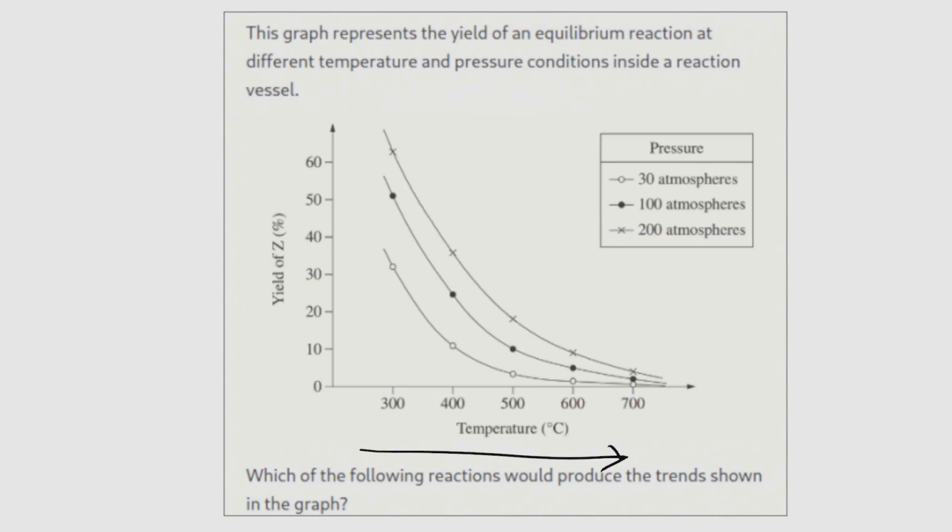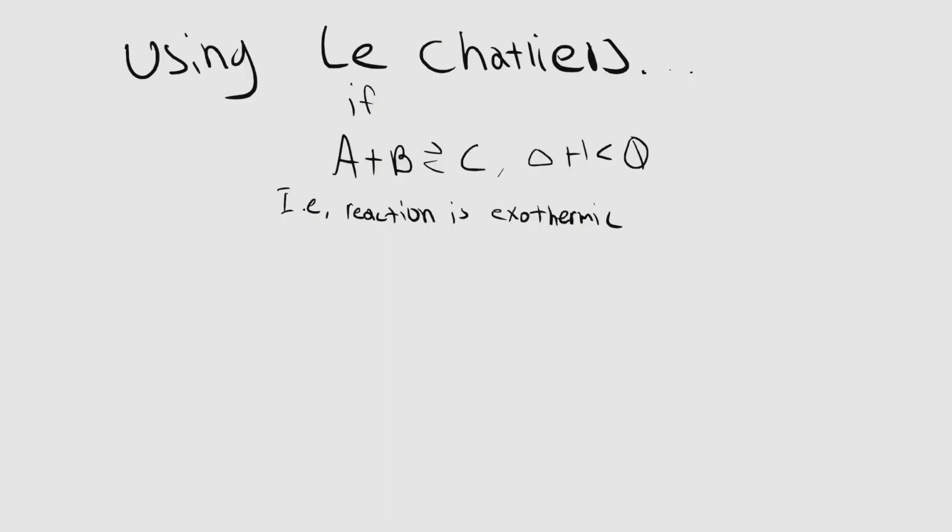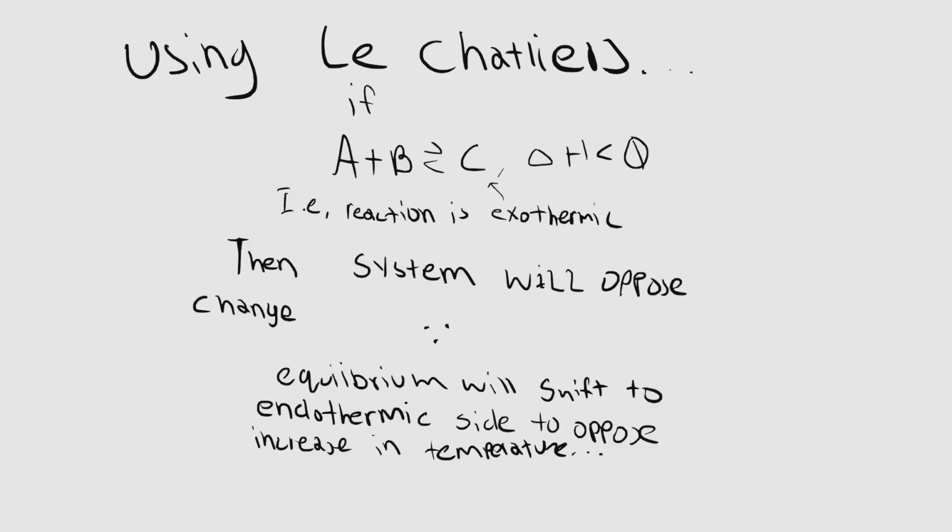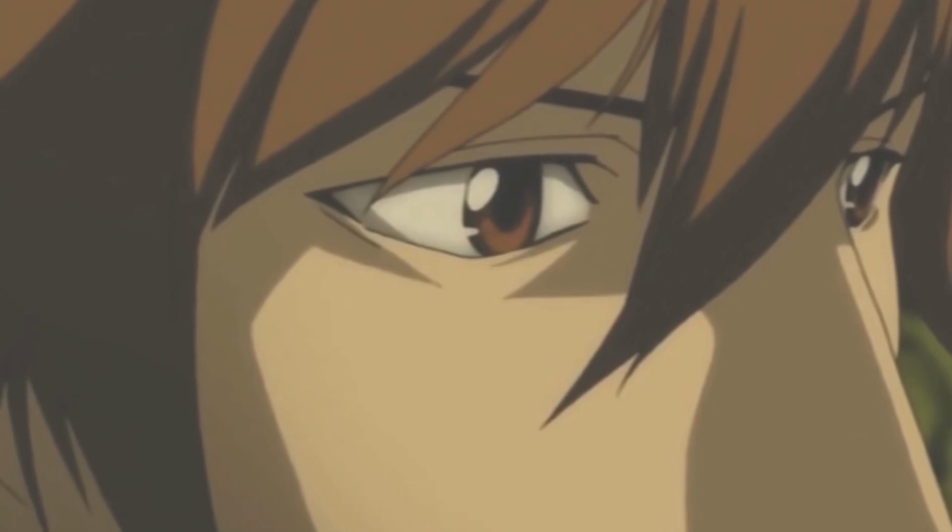Well, as we go to the right, or increase our temperature, it's actually decreasing our yield. This must mean that, using Le Chatelier's principle, the system is opposing the change by creating less of Z. This means Z must be endothermic.